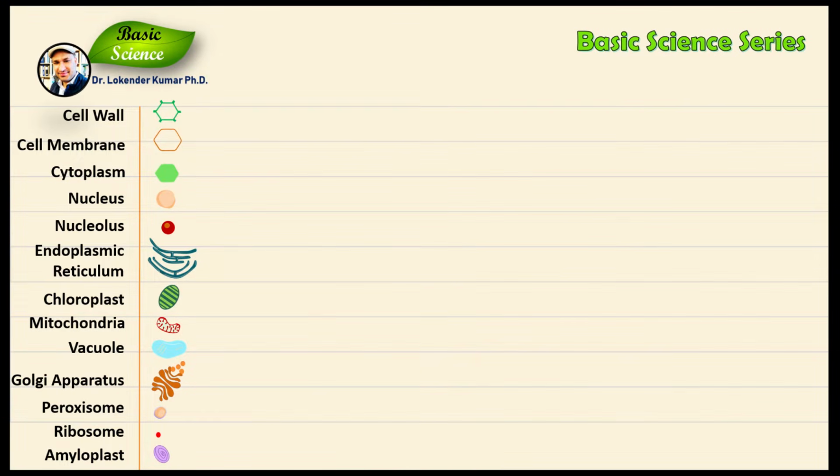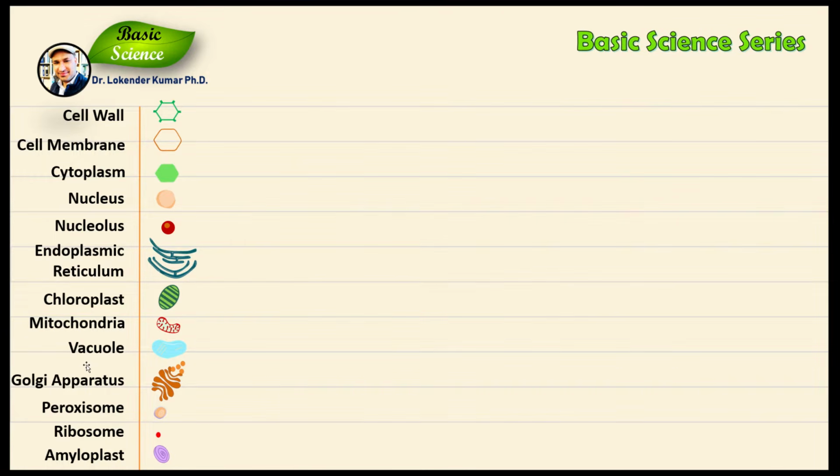All right, everyone, let's start the lecture and let's start designing the plant cell wall. First, as you can see, I have all the different components of the plant cell already designed here.